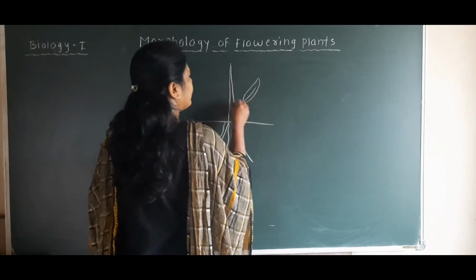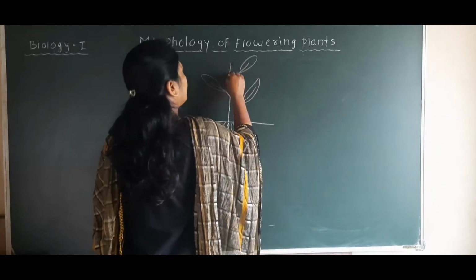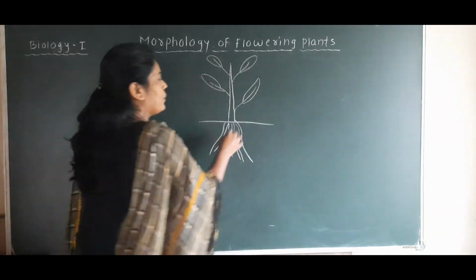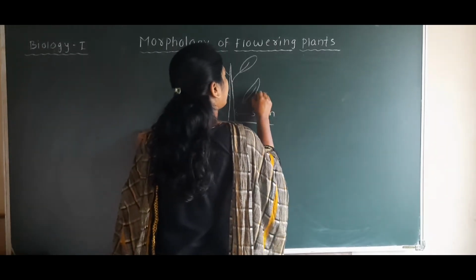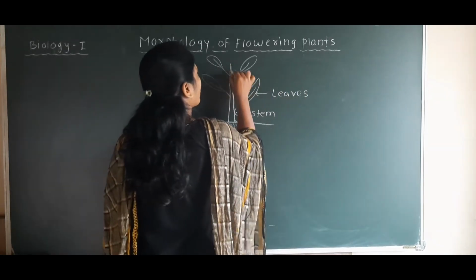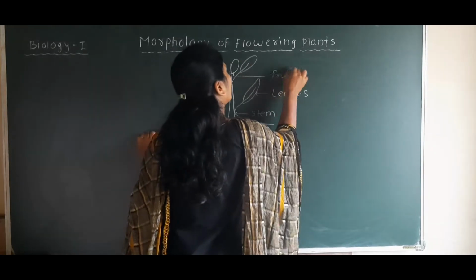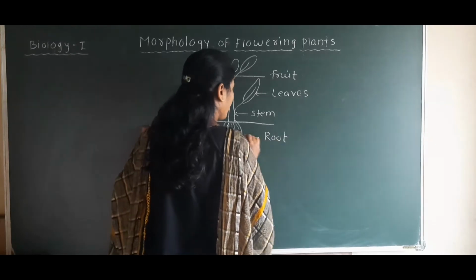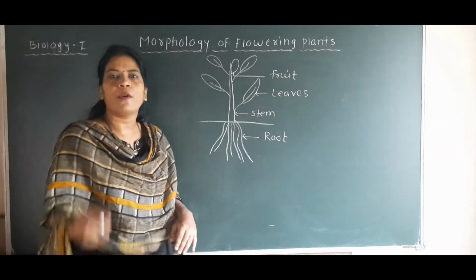Here there are branches on the stem part. So we label here, this is the stem, these are the leaves. Suppose this is the fruit. Okay, this is the root. So this is the rough diagram of the plant.